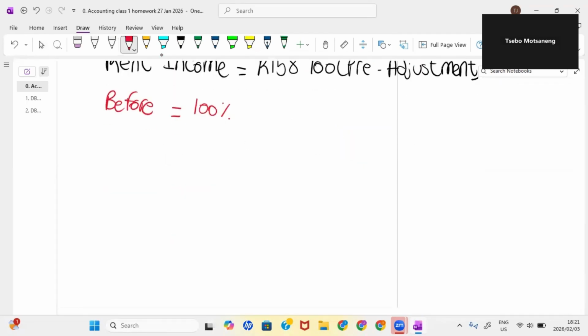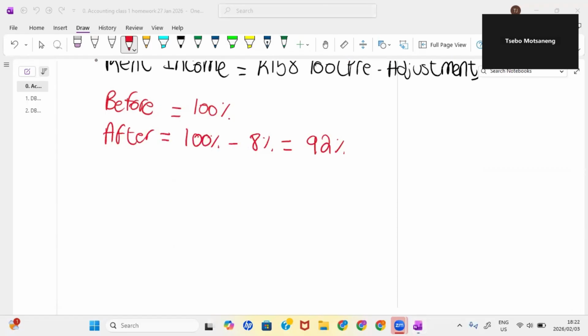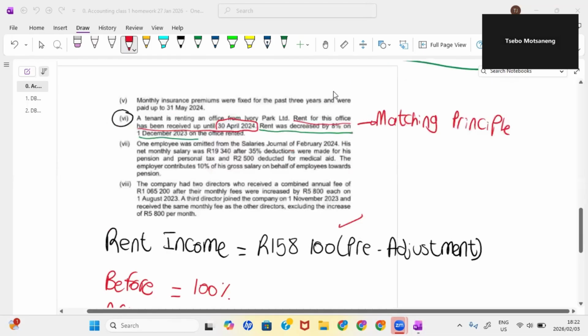And then obviously after the decrease, we are no longer receiving 100%. What we are receiving actually is 100% minus 8%, which is 92%, right? That's what we were receiving, 92%. So this is very important because this is going to help us a lot to calculate our rent income.